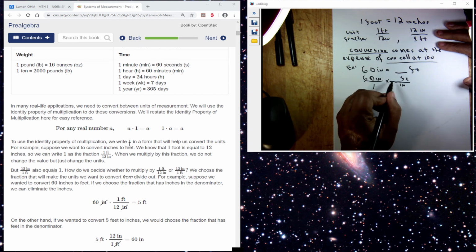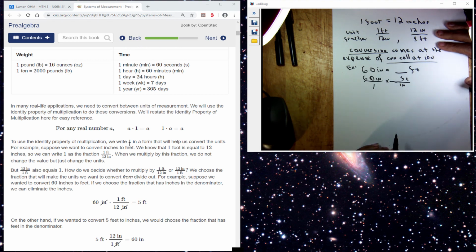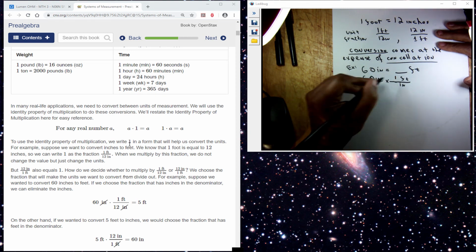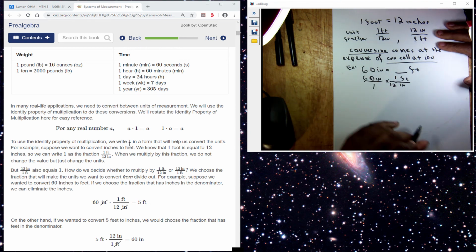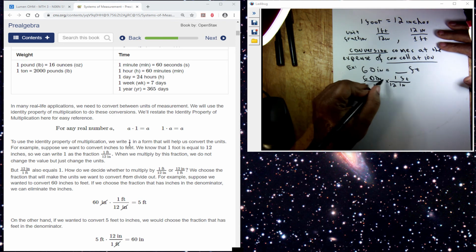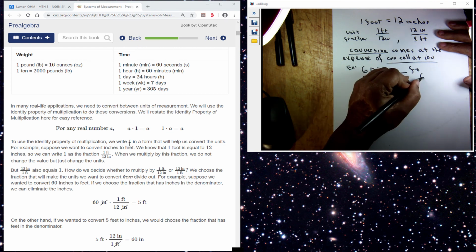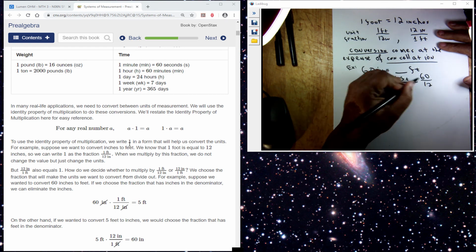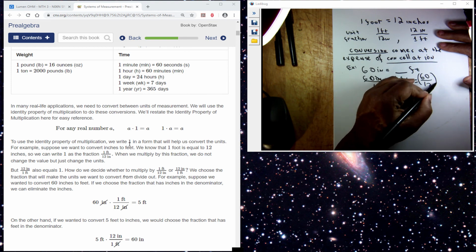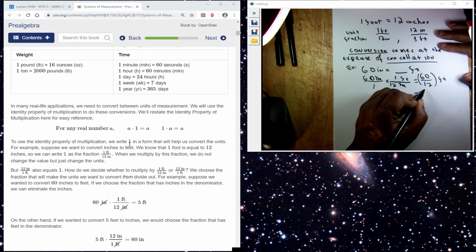Now I think about the relationship between feet and inches. I know that 1 foot is 12 inches. Now, when I multiply, the units, inches, cancel out, and I'm left with 60 over 12 feet. That is the same thing as 5 feet.